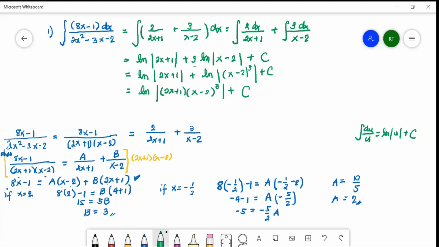Okay? So we were able to evaluate the integral of the quantity 8x minus 1 times the differential of x over 2x squared minus 3x minus 2. Okay, so this is the first example.